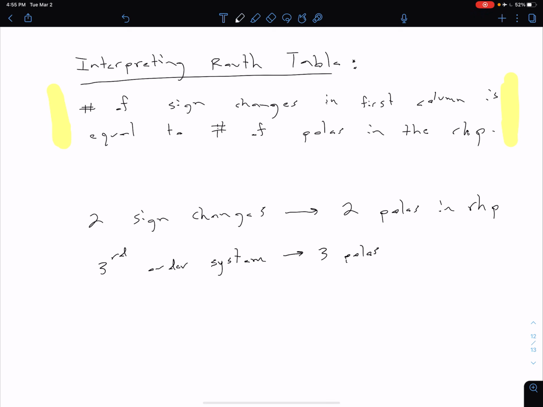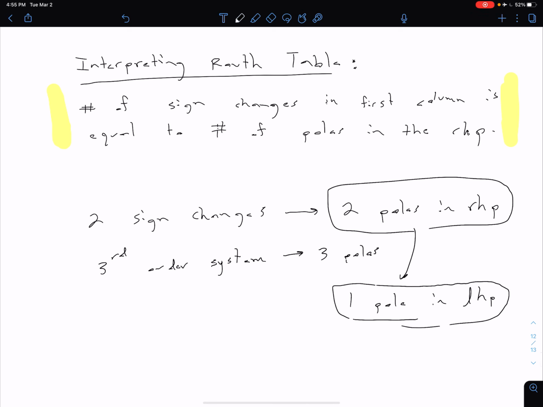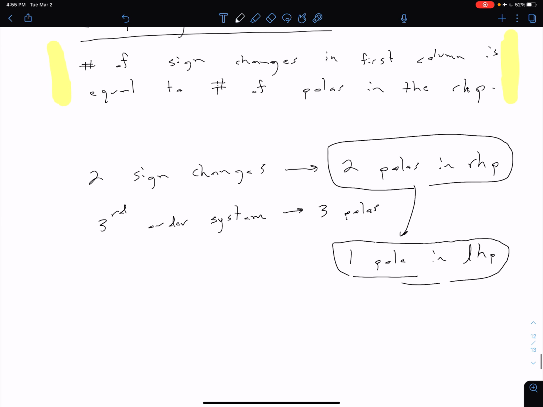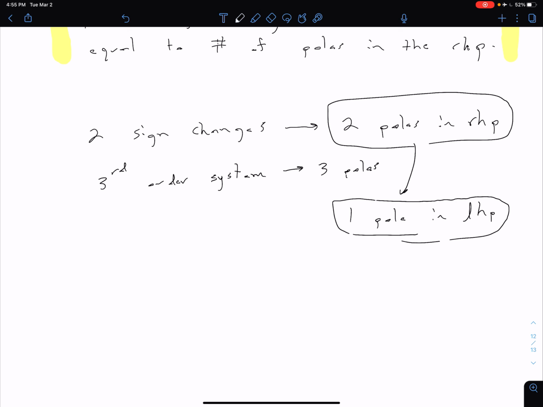So that just means it's told us that we have 2 in the right half plane. So because we have 2 poles in the right half plane, we know we have 3 in total. That means we have 1 remaining pole, which is in our left half plane. So 1 pole in the left half plane, 2 poles in the right half plane. And so ultimately what that means, because we have any amount of poles in our right half plane, is that our system is going to be unstable.